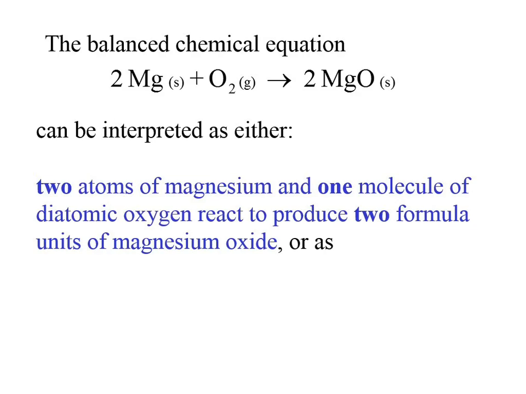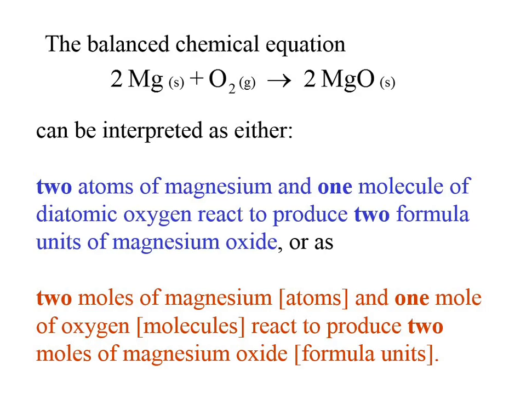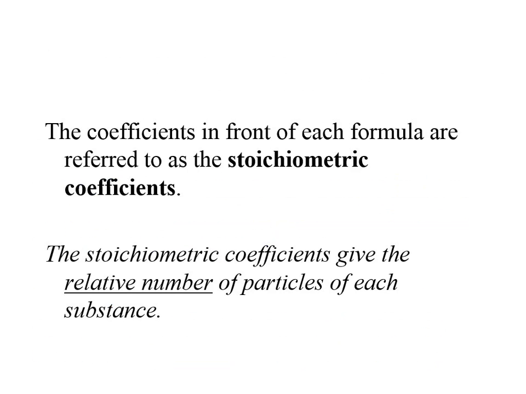But we could also think of it in terms of moles of counted particles. We could say that 2 moles of magnesium reacts with 1 mole of O2 molecules to form 2 moles of magnesium oxide formula units. Okay.